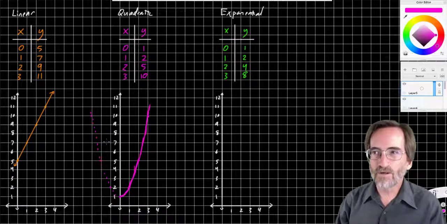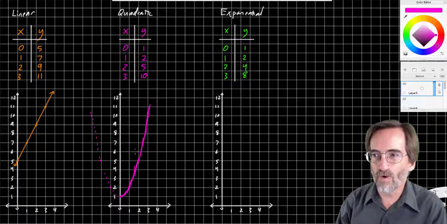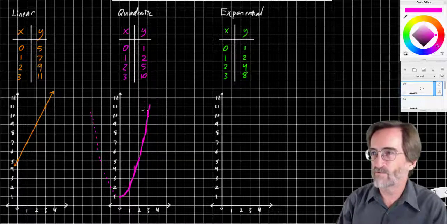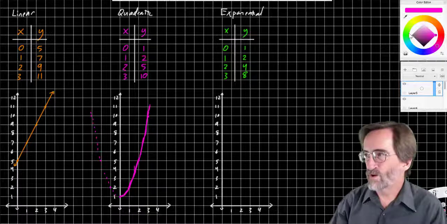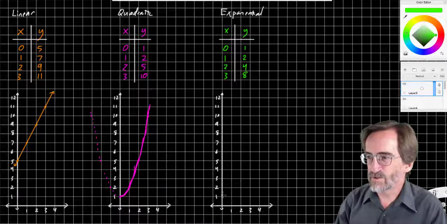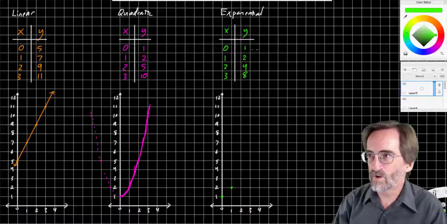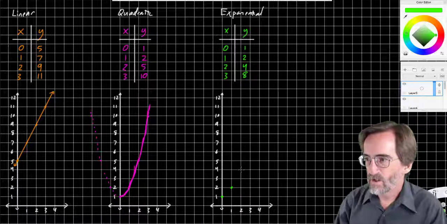Now it can be a little tricky to tell the difference between a quadratic and an exponential, especially when only one half of the quadratic parabola is given. But we're going to explore how to tell the difference here. So this last one is exponential. 0, 1, 1, 2. Notice those are the same points, 0, 1, 1, 2, as in the previous, but now it goes off here a little bit. 2, 4, 3, 8.